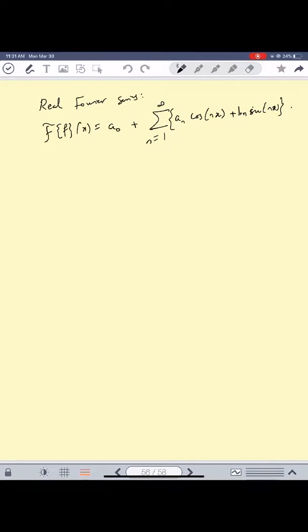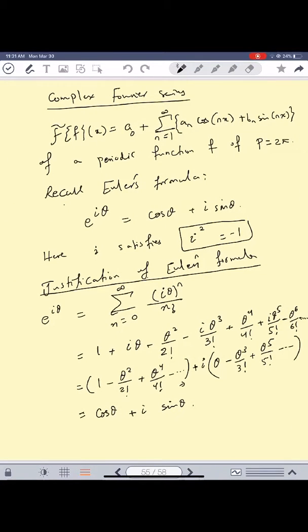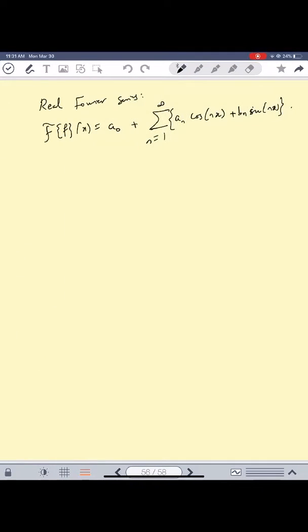What we mean by the complex Fourier series is introducing the e, because e has a complex exponential, e to the i theta. So before going to that, what is Euler's formula again?